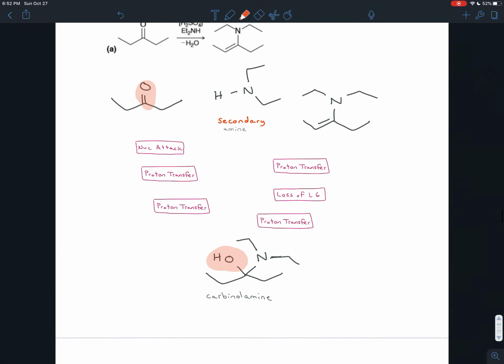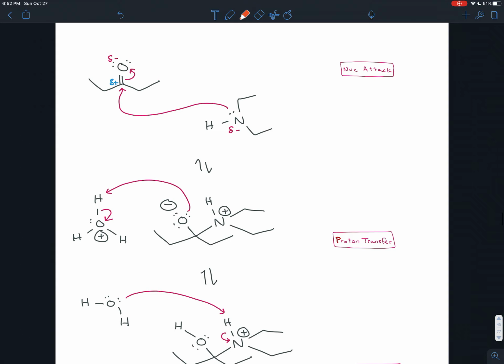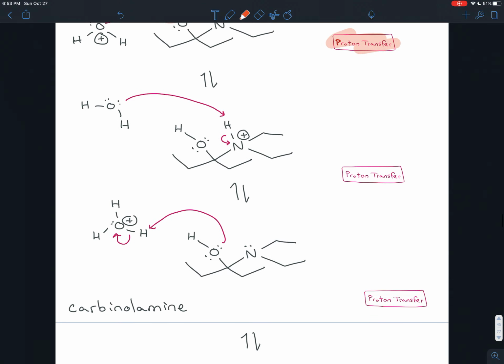Okay. So if we were to review that whole reaction, just a quick overview of what we did. The amine, secondary amine, so we see secondary amine and instantly we think, we're going to form an enamine. The secondary amine attacks the carbonyl carbon, nucleophilic attack. That creates a couple charges. The negative charge on the oxygen is stabilized by a proton transfer.